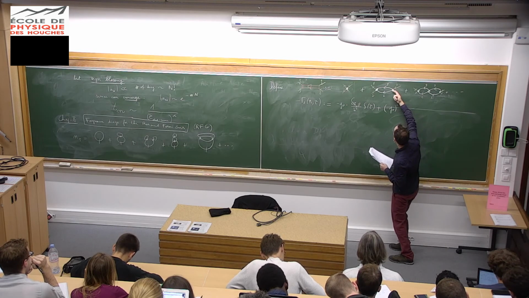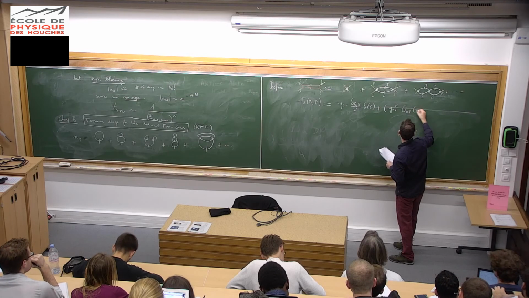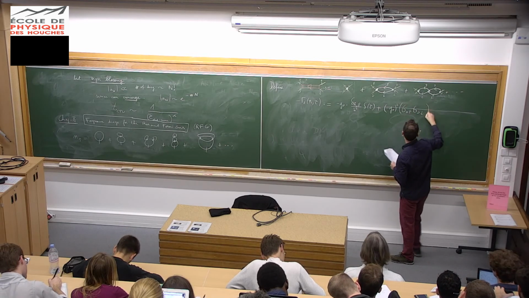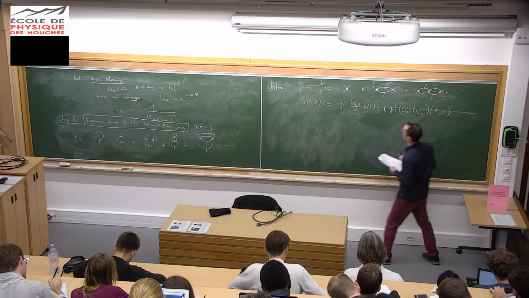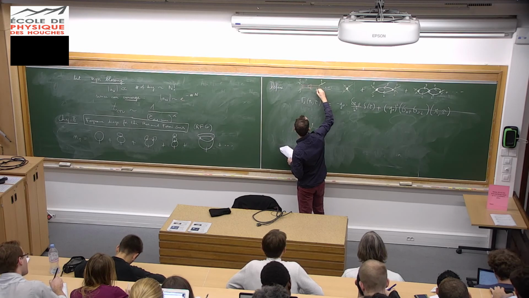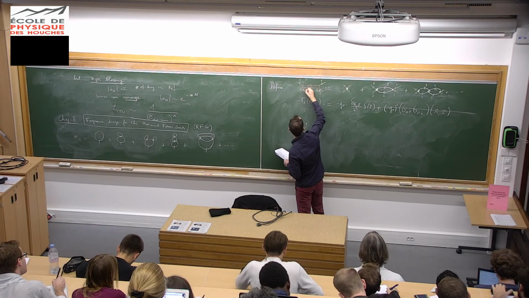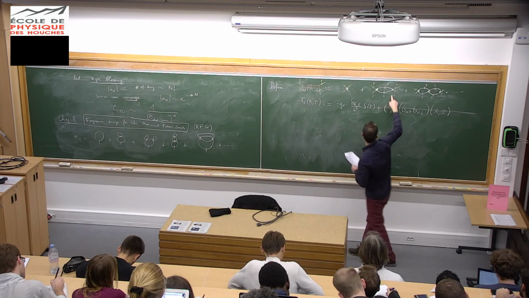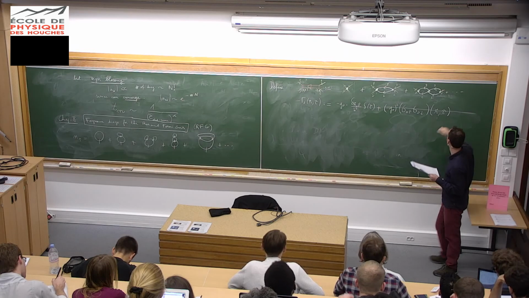And then you see you have G0 up, G0 down of r and tau. So the idea is that this gamma 0 is like a propagator going from 0, 0 to r tau. So here you have to go from 0, 0 to r tau. That's why you have to put this, etc.